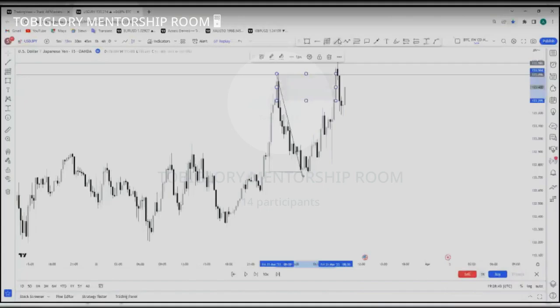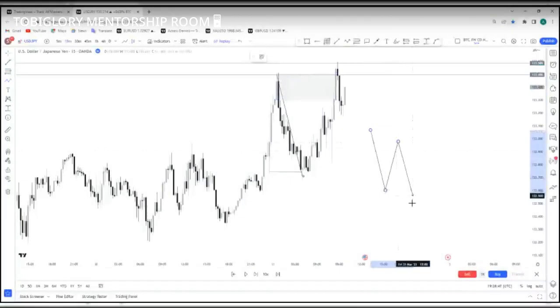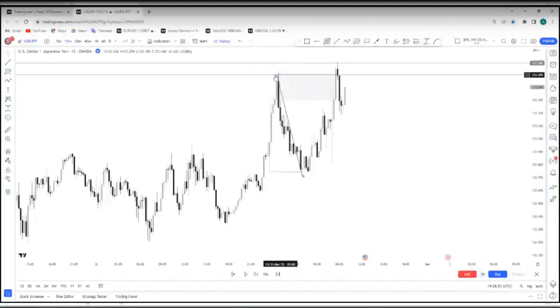Unless we have a clear structure like this, then I can say I want to sell from here. Can you see? If price is coming back, price is going to raise this high. So we are still waiting for confirmation. I don't have a clear structure. If I'm using this place, it's a trap because I only have a break of structure, and the structure is a single structure that is not clear yet. So I'll be waiting patiently.